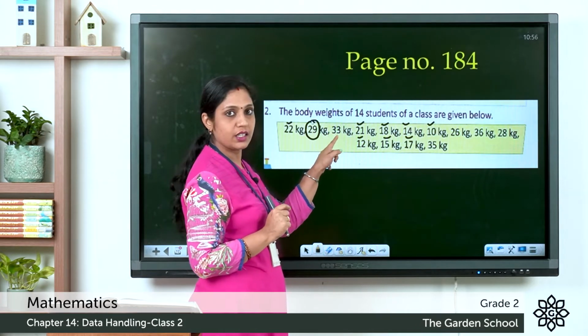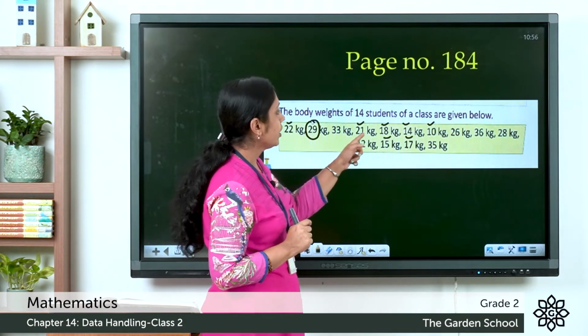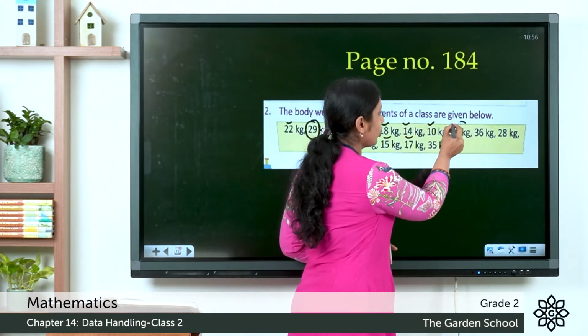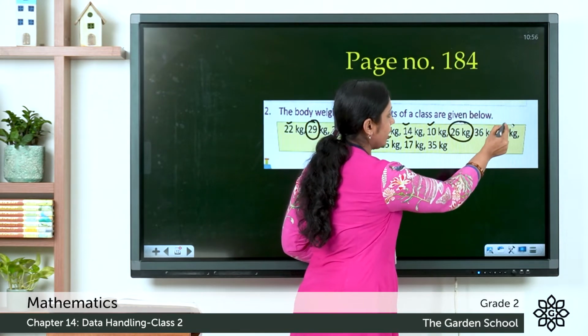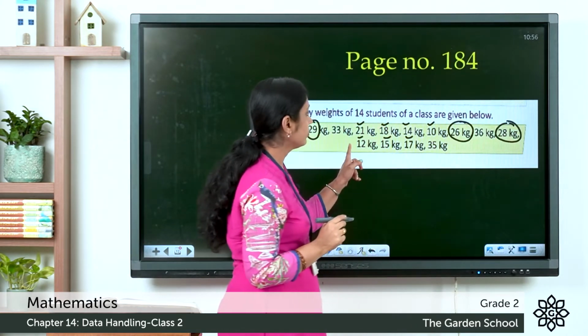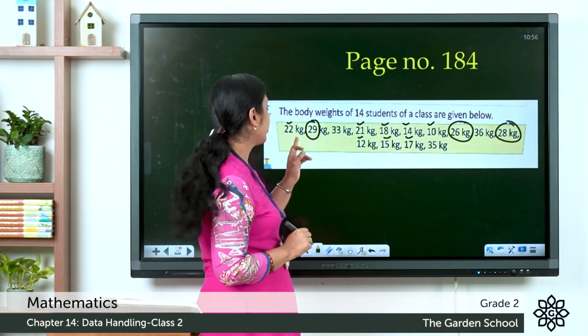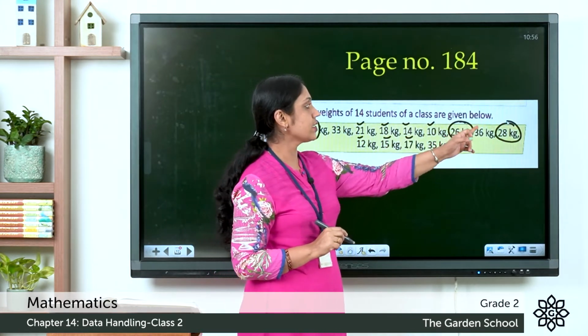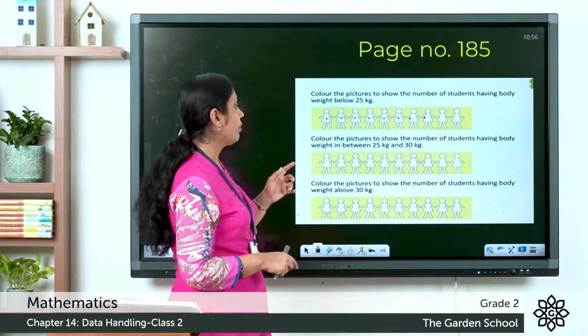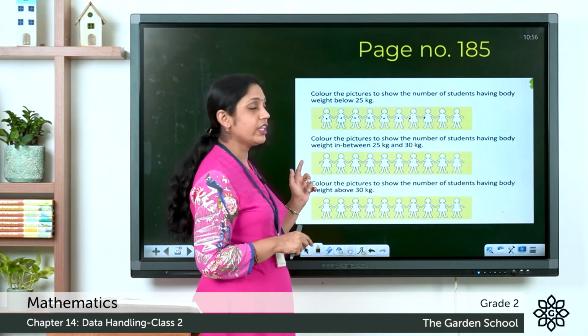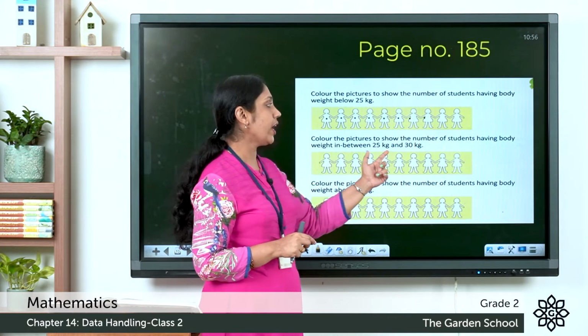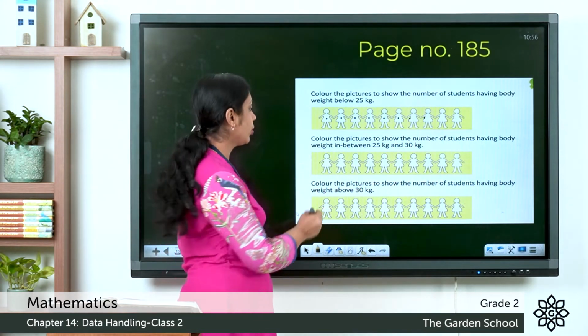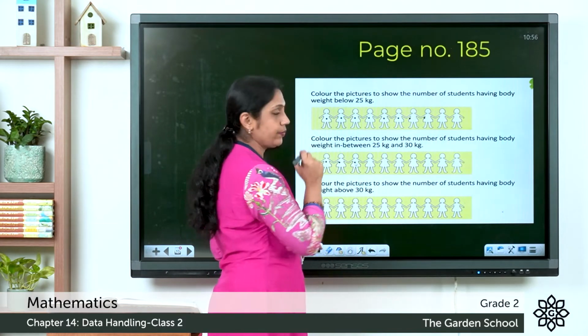The next is 33, so we need not take it. Then you can find 26 kilo, 28 kilo. So there are 3: 29, 26 and 28. So the number of students having body weight in between 25 and 30 kilo is 3. So you can color 3 pictures here.